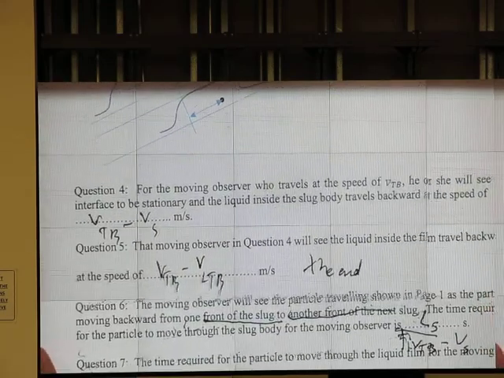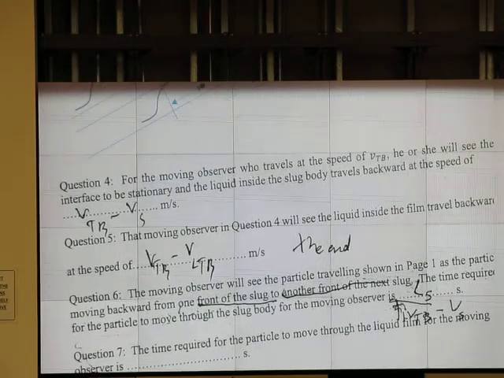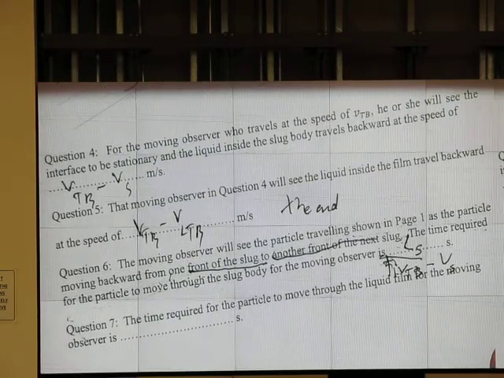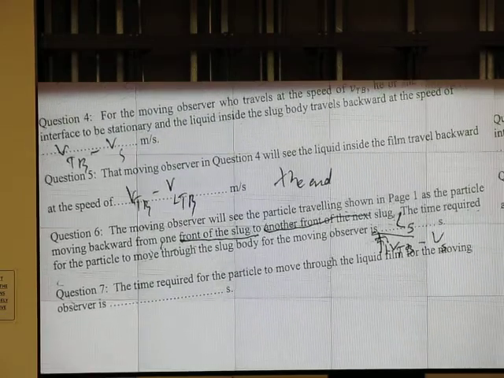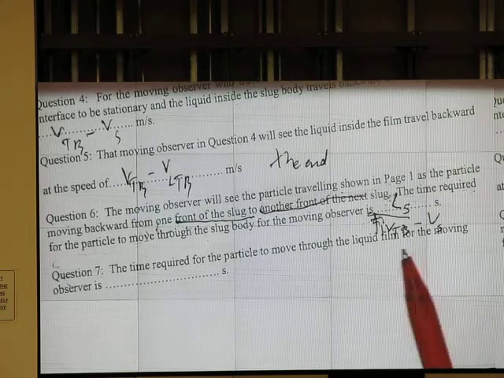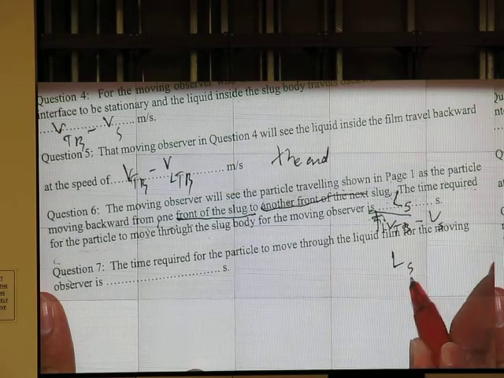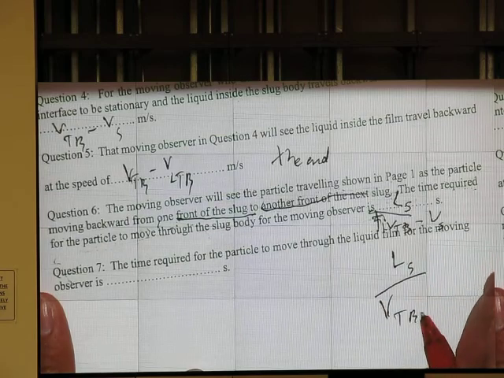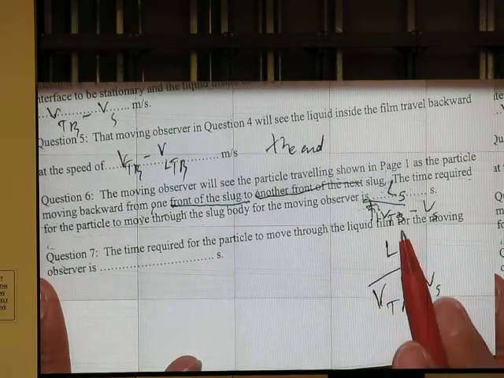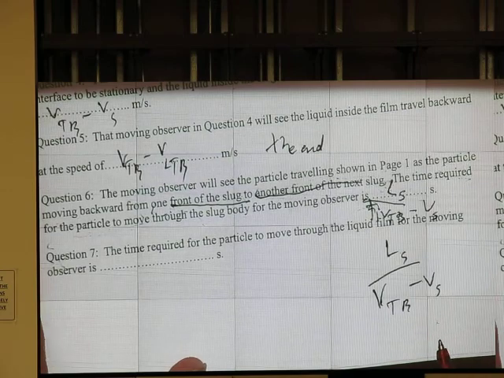When that happens, how much time does it take? It's the length, which is Ls, divided by the speed, which is the relative velocity. So it's Ls over VTB minus Vs.